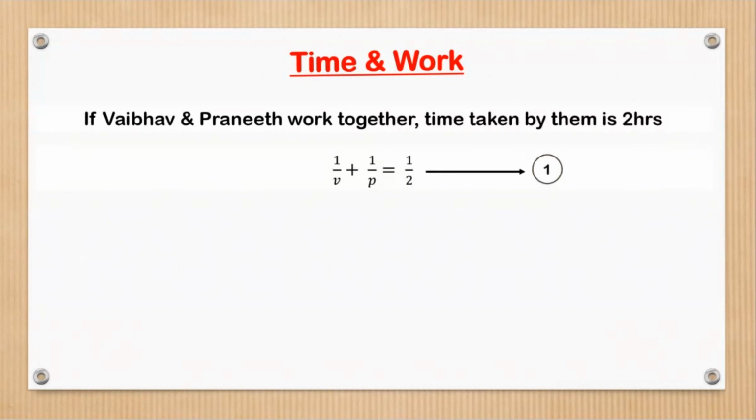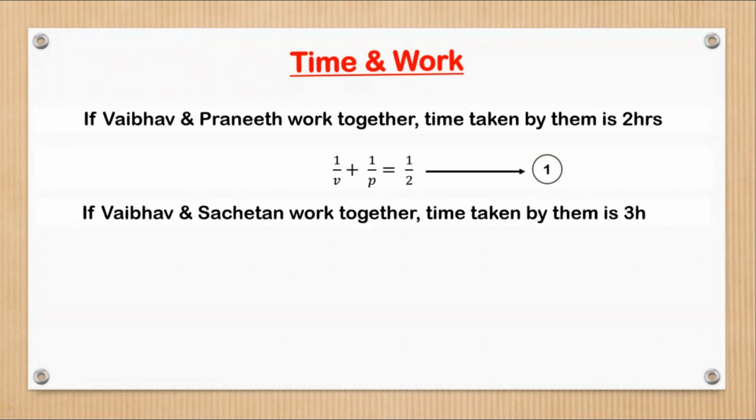Because they take 2 hours together, 1/2 is the work done by both of them together. I am taking that as equation 1. Now if Vaibhav and Sachetan work together, the time taken by them is 3 hours. So 1/V plus 1/S is equal to 1/3, that is equation 2.